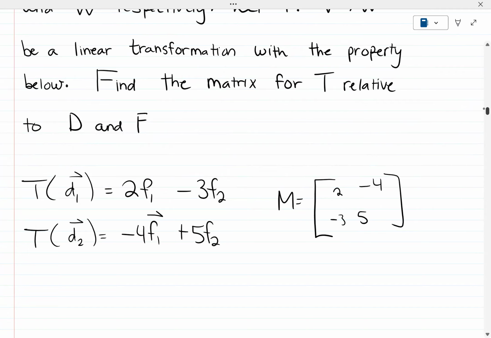See how we transpose this? Imagine this vector transposed, and that's how you got 2, negative 3. And imagine this vector being transposed, and you got negative 4 and 5. So this is our answer.